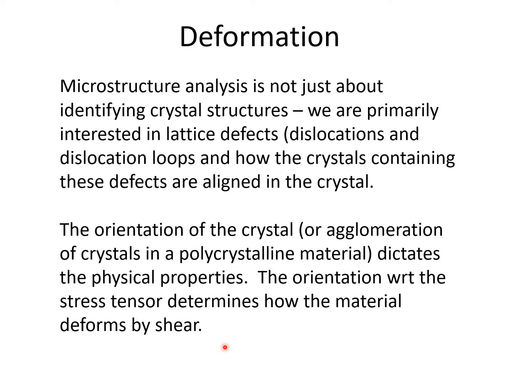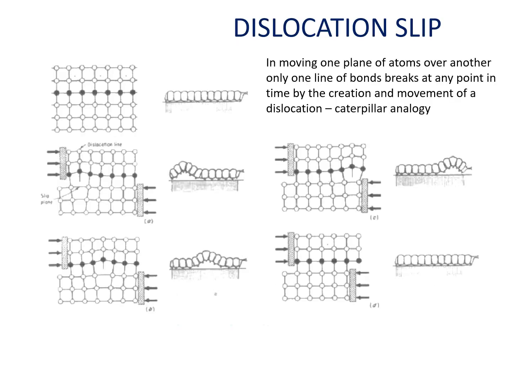So not only do you have to consider the mode in which you introduce defects, whether you compress a sample or pull it or roll or extrude or whatever, but also you have to link that to the orientation of the crystal relative to the applied stress. And that ultimately gives you a structure which contains crystals and defects, and these defects affect the properties.